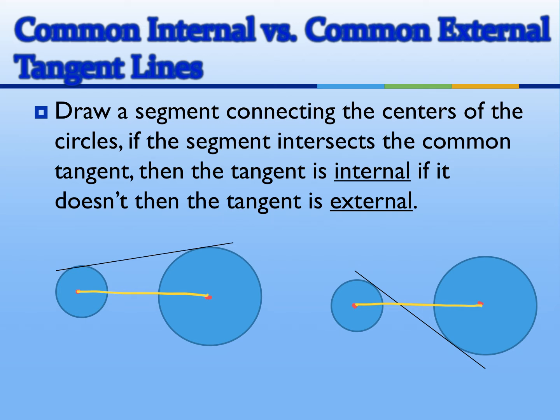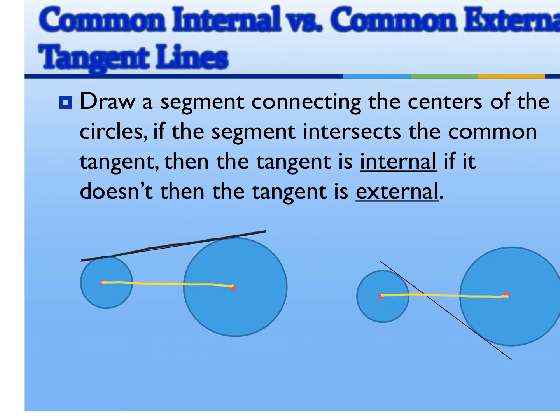So right now, this black line that's here is a common tangent. It's a line that is tangent to this little circle and the larger circle. I can also draw another tangent that's in common, and it'll skim along the bottom down here. Both of these are common tangents.